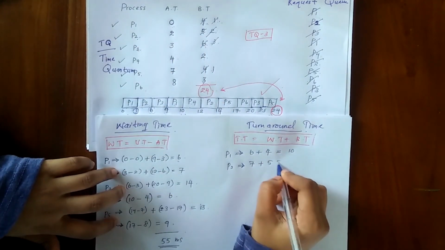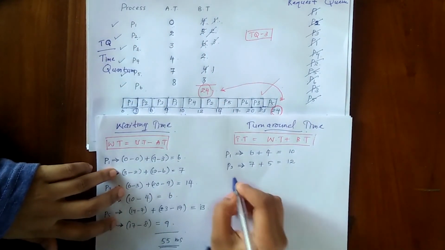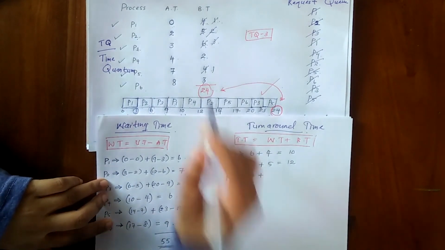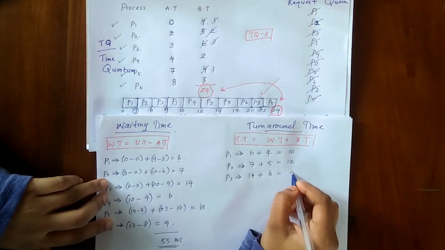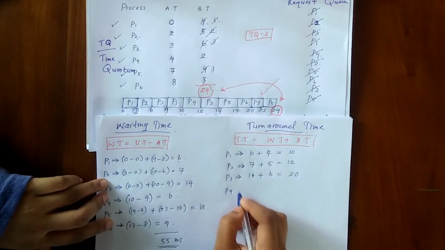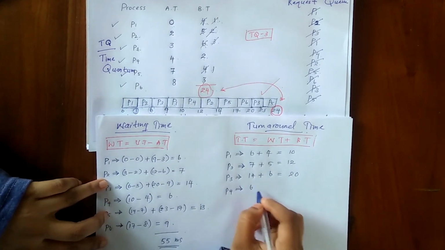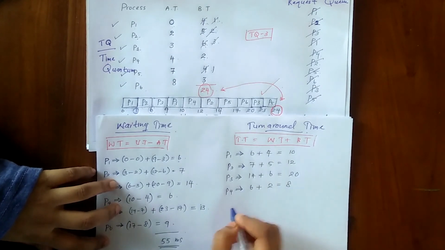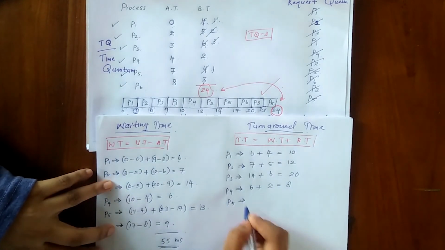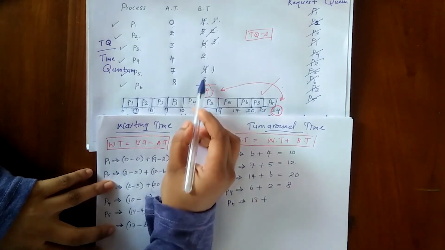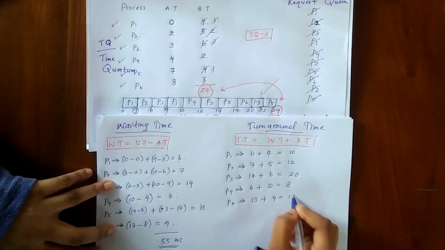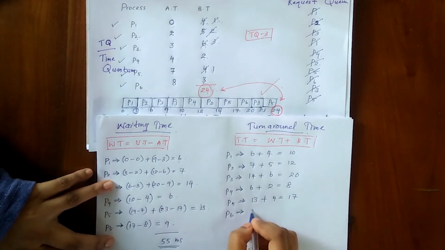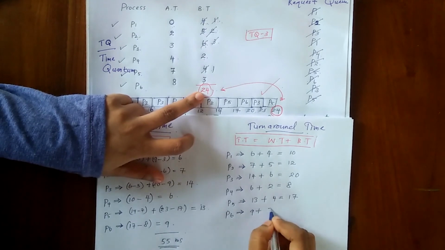So the answer here is 10, and then P2 it is 7 and burst time 5. So the answer is 12, and then P3, 14 plus 6, which is 20, and then P4, 6 plus 2, 8, then P5, 13 plus 4, 17, and finally P6, 9 plus 3.